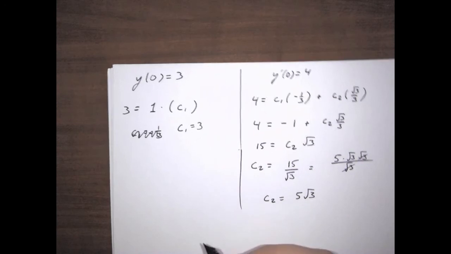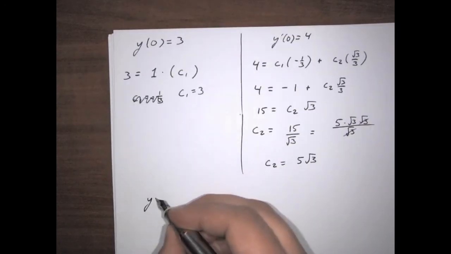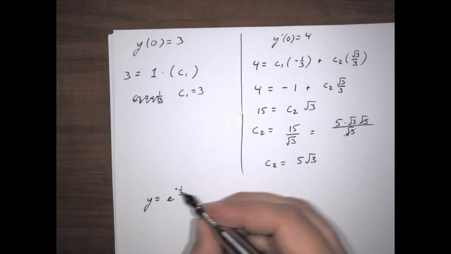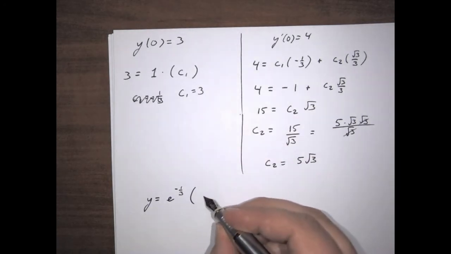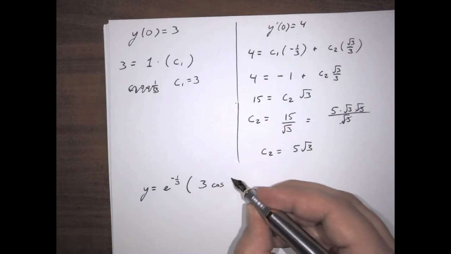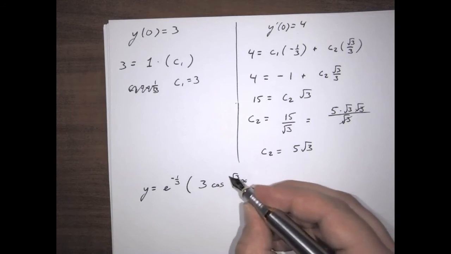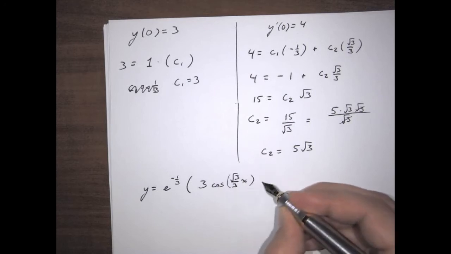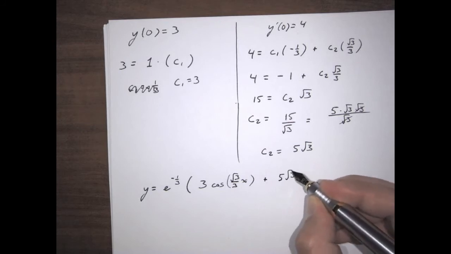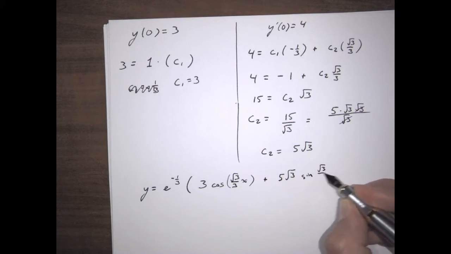And that's going to end us up with, as a solution, y equals e to the negative 1/3 x, c1, which is 3, cosine root 3 over 3x plus 5 root 3 sine root 3 over 3x.